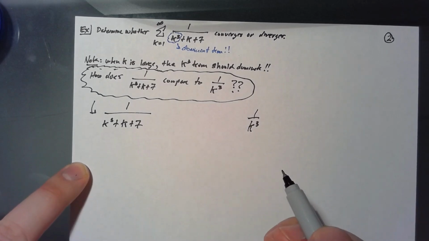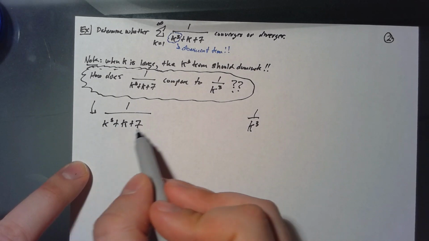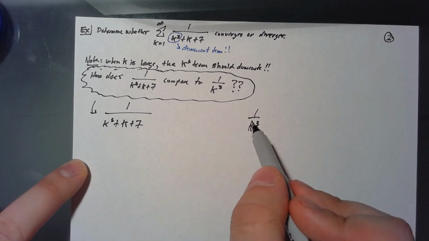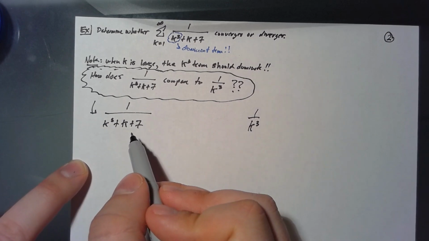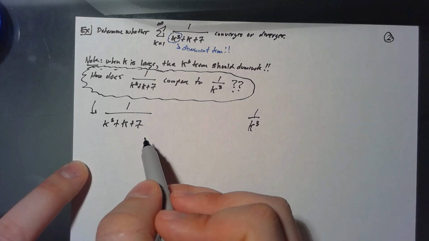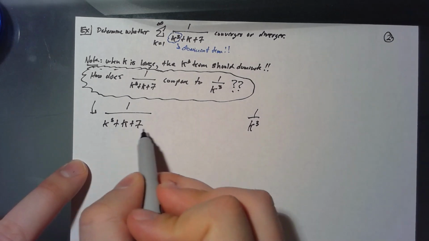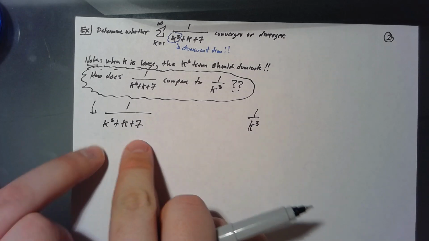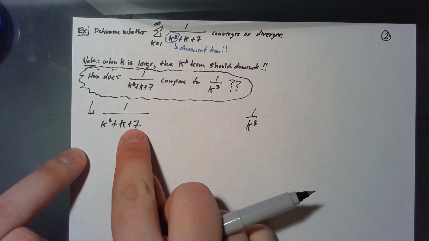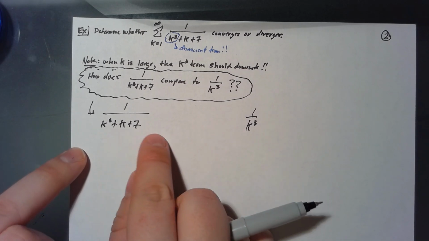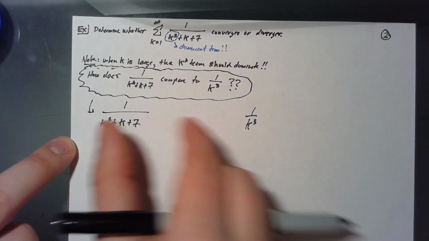So I want to do some algebra to this that will get to 1 over k cubed. So what if I make the bottom of this fraction smaller? What if I take away 7, right? So you're thinking, how do I get this to be this? Well, you could subtract 7 and you could subtract k. But how will that affect this fraction? Will that make it bigger, or will that make it smaller?